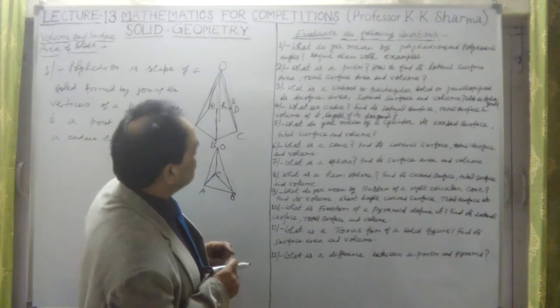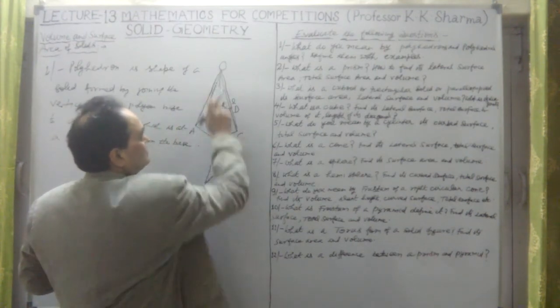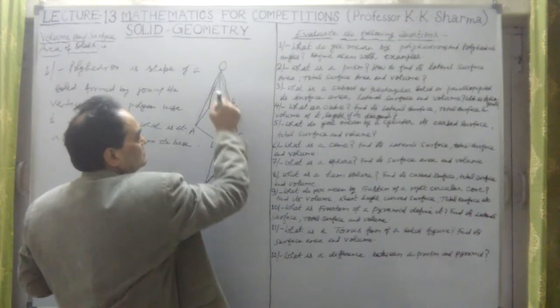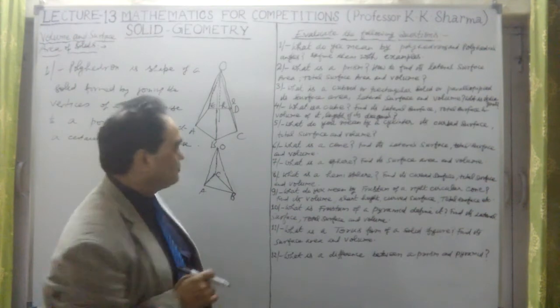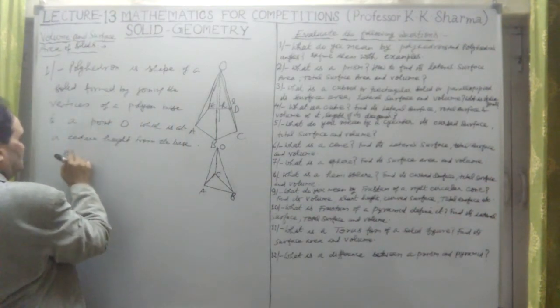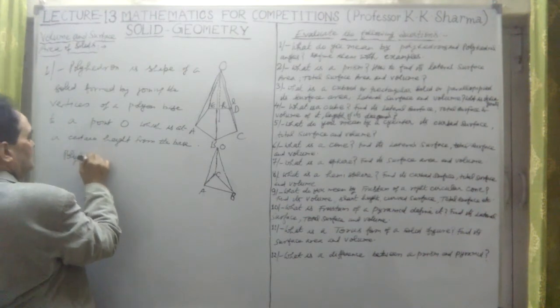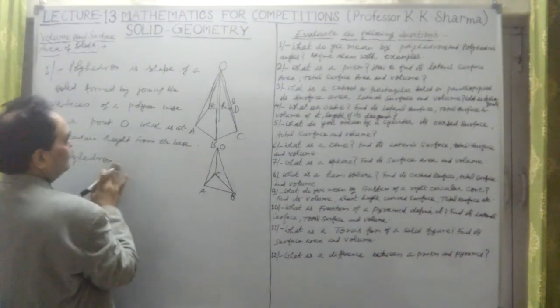And polyhedral angles. What are polyhedral angles? For example, AOB, BOC, this angle. All these angles are known as polyhedral angles. Let me define: what is a polyhedral angle?